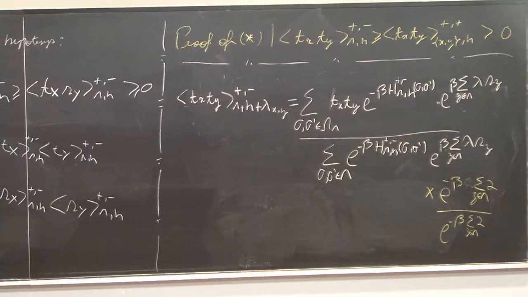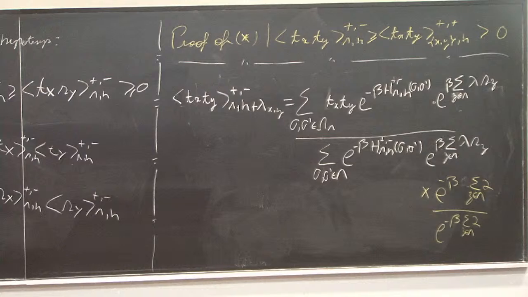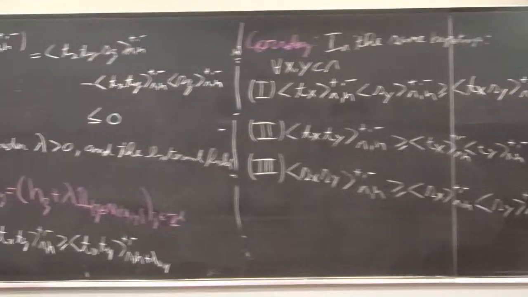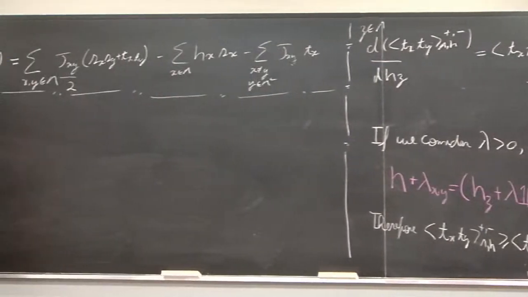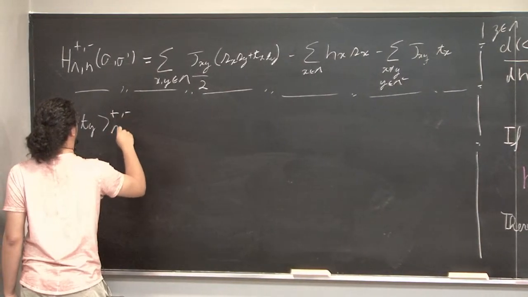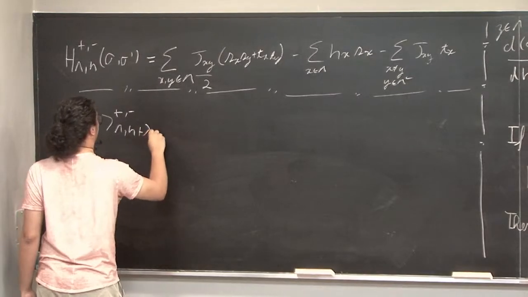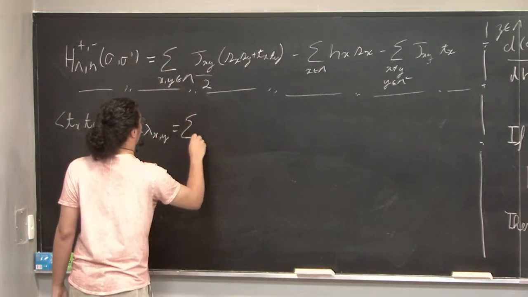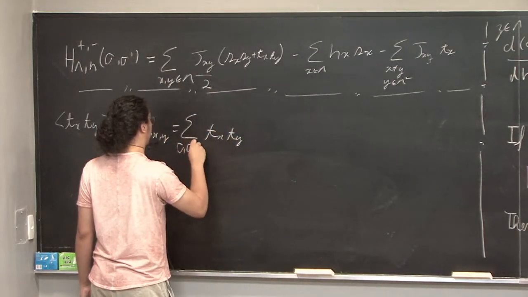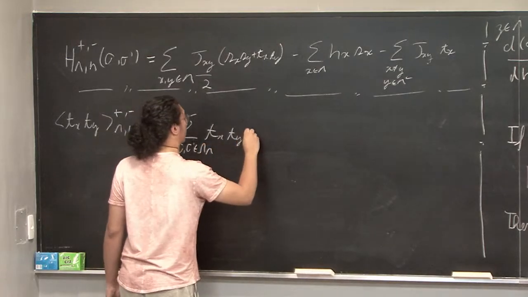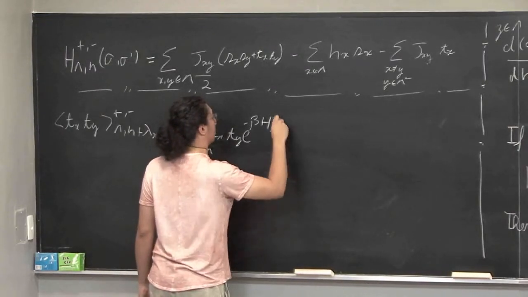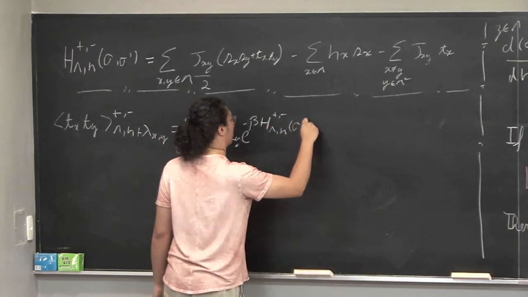So when you do that small trick, you get the difference of the states of tx and ty on plus minus lambda h plus lambda x and y. This is the sum over configurations of exponential minus beta Hamiltonian, lambda h plus minus sigma prime.